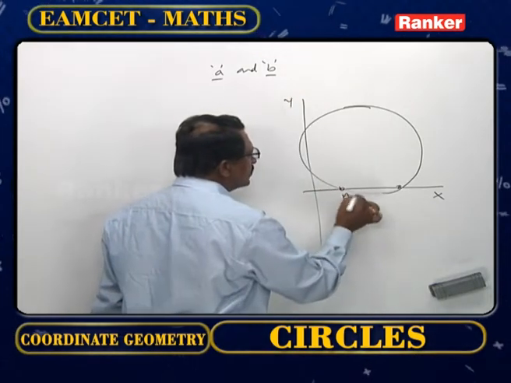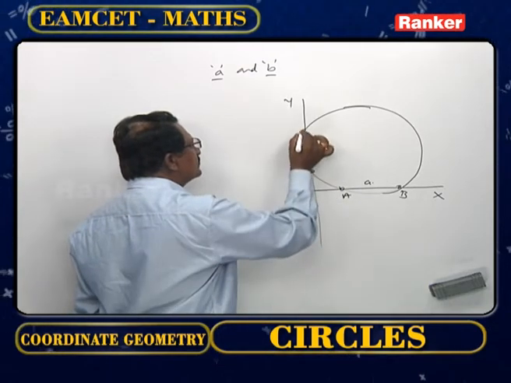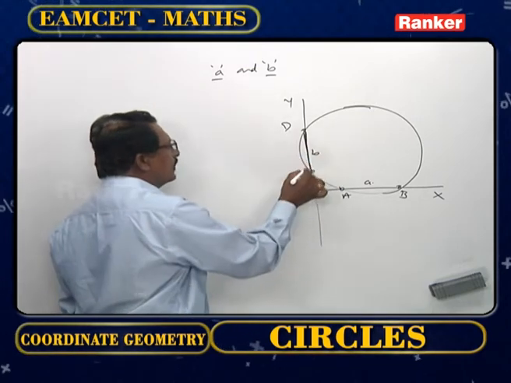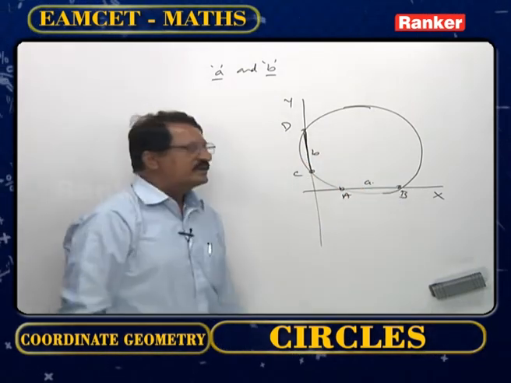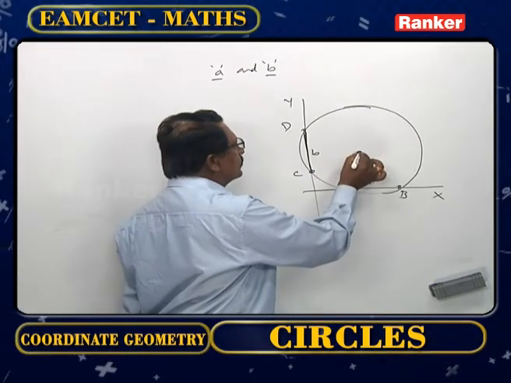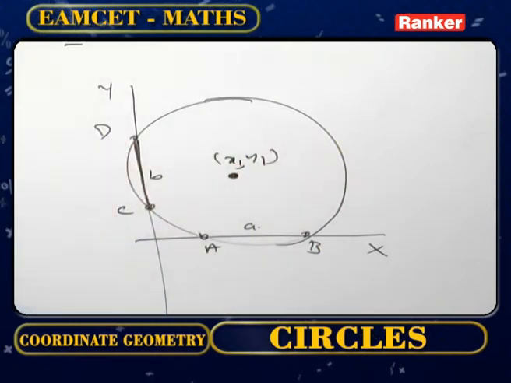Consider AB is one rod with length a, and CD is the second rod with length equal to b. Always the ends of the rods are concyclic. We require the locus of the center of the circle. Suppose the center of the circle is (x1, y1).